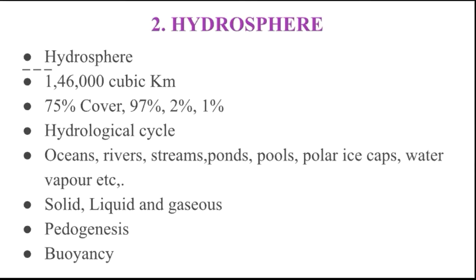Water remains in solid form, that is snow, liquid form, that is water, and gaseous form, that is water vapor, on the earth's surface. Water also plays a role in pedogenesis, the formation of soil.